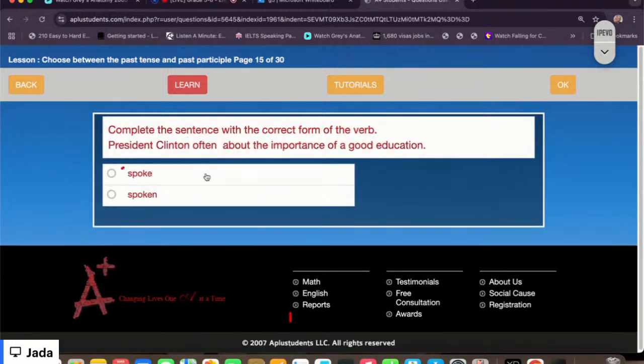President Clinton often dash about the importance of a good education. Spoke or spoken? What do you think is the right one here?